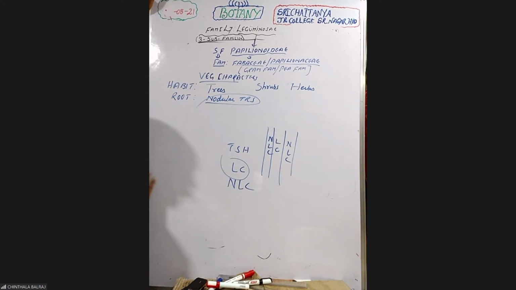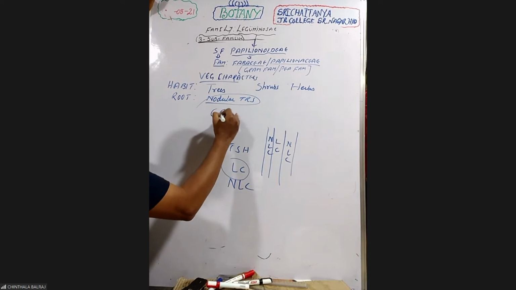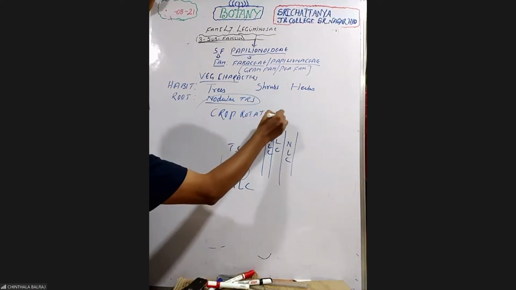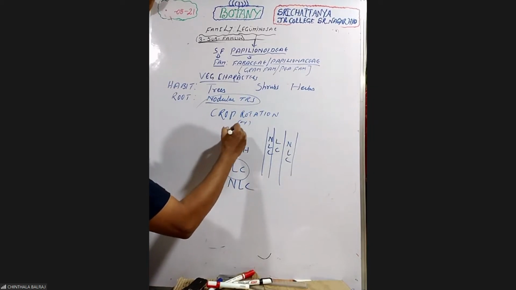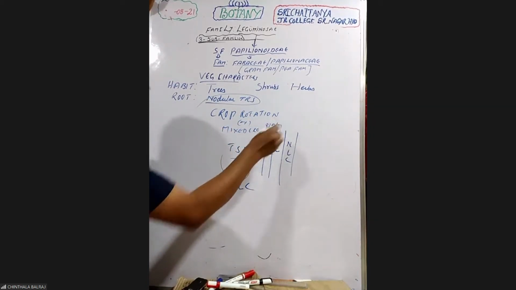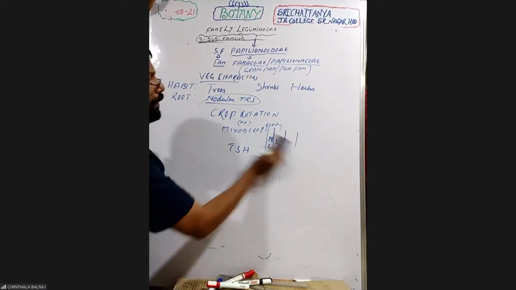Non-legume crops, so that the plant can get a sufficient amount of nitrogen. So these plants are used for crop rotation or mixed cropping. Remember this important point.